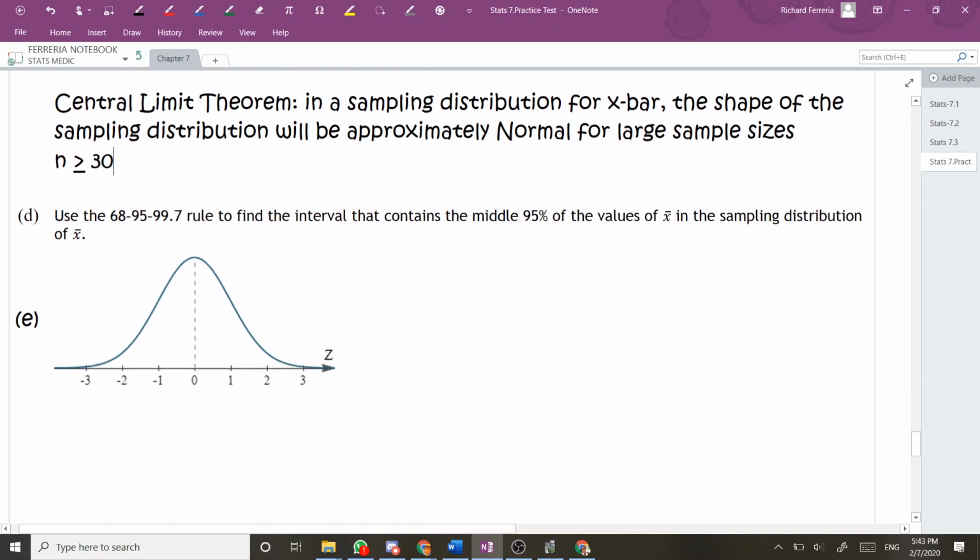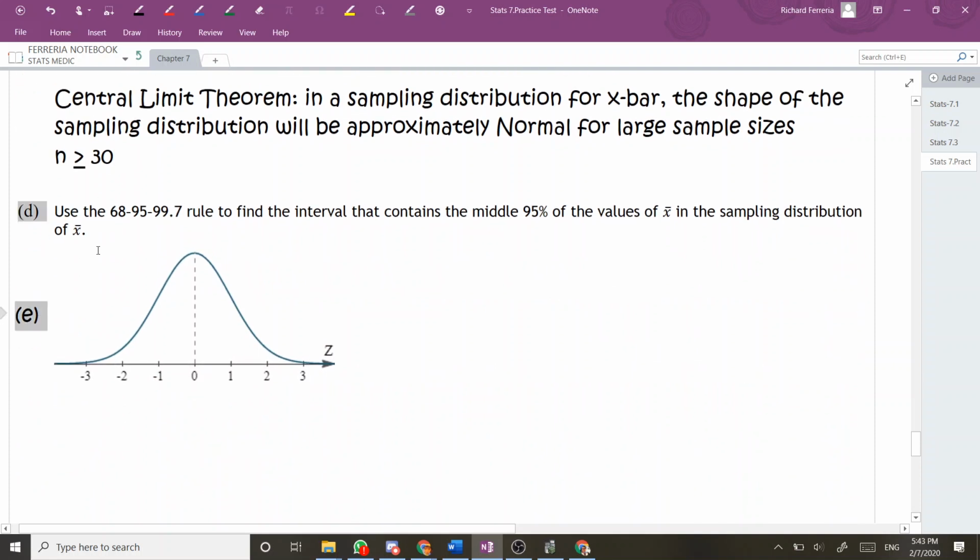Okay, so that's our central limit theorem. Letter D, we're going to use the 68, 95, 99.7 rule to find an interval that contains the middle 95% of values of x bar. I'm assuming we're still using that same thing. So you should remember that 95% is within the second standard deviation in a normal curve. So we're basically looking for two standard deviations above and below. So if our standard deviation is 0.4, we have to do this in the sampling distribution.